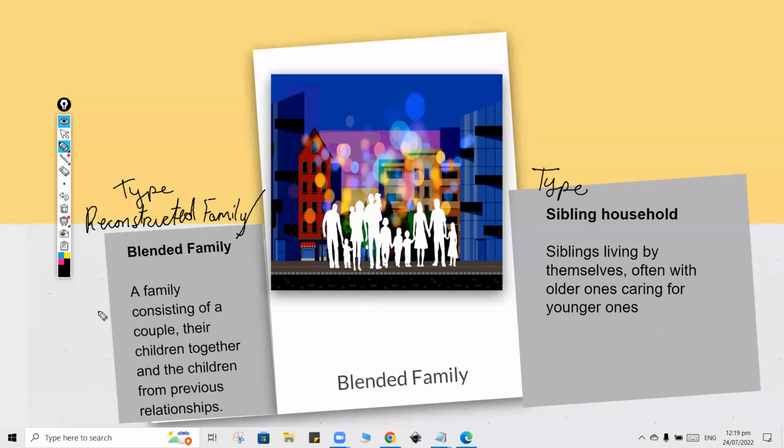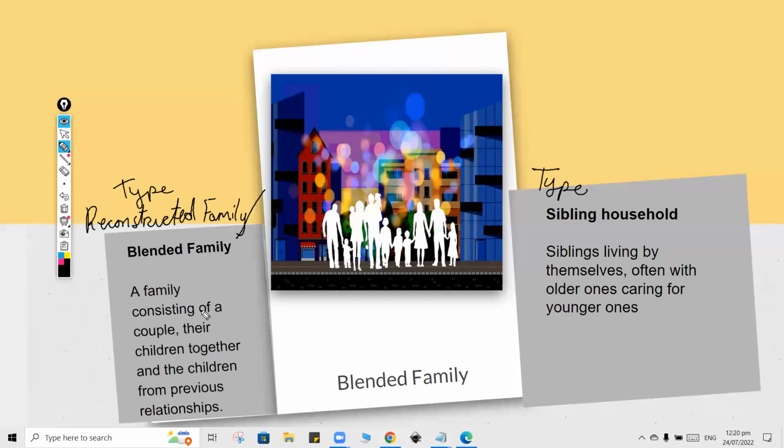All right, so let's just go over that. So we have two types on this page, right? So one type is a reconstructed family or the blended family. And so this is a family, you have a couple and they have children together, as well as they've brought into the family any children they may have from the previous marriage, right? They may not have children together. If it's just them and the children from a previous marriage, it's still a blended family, right?